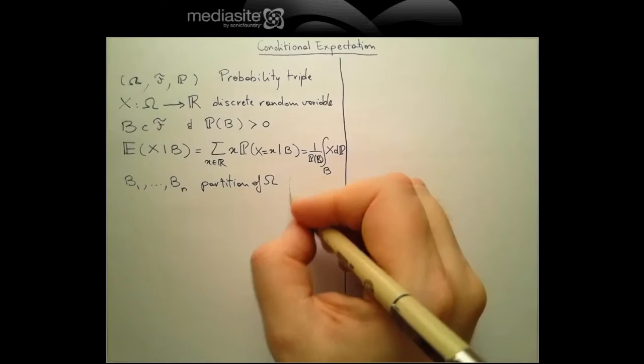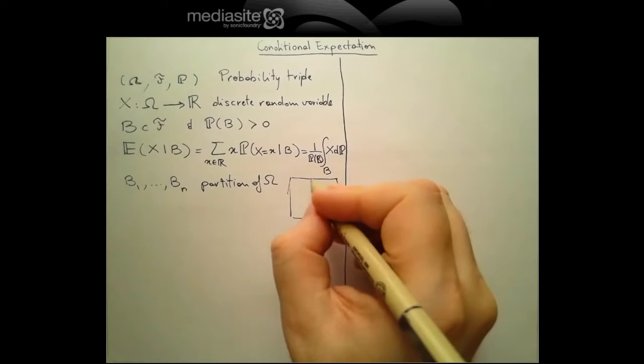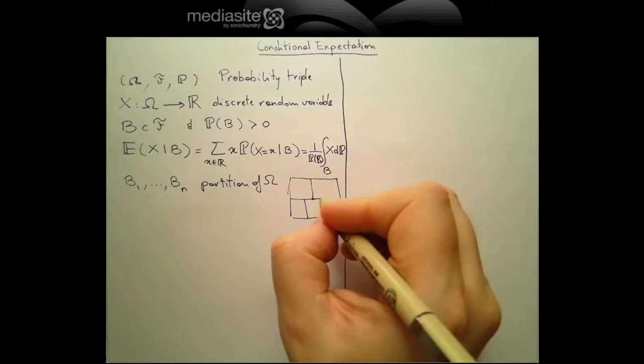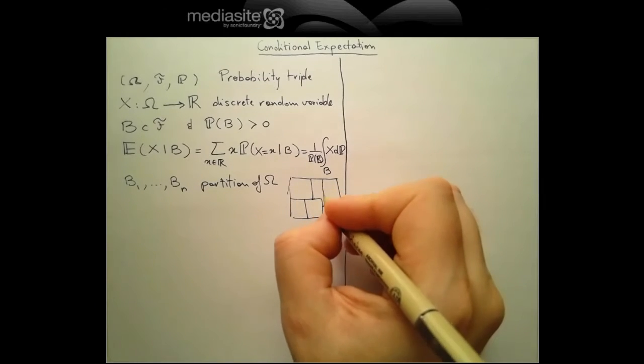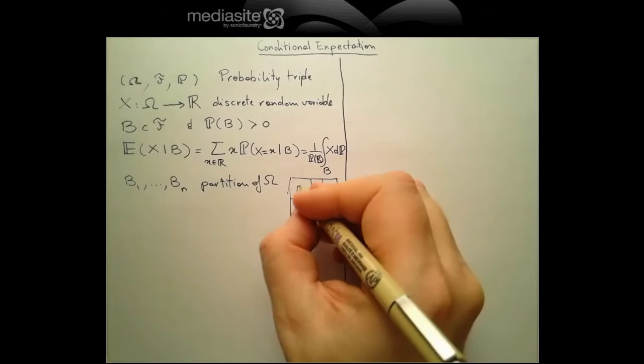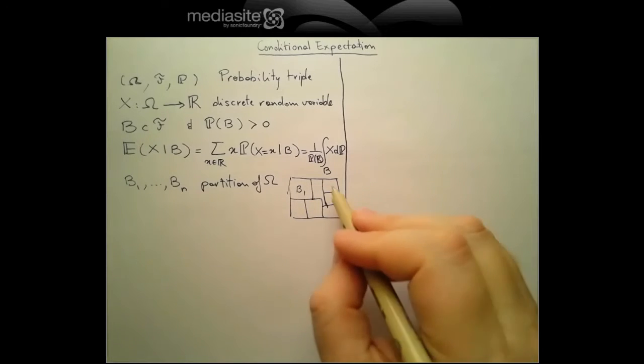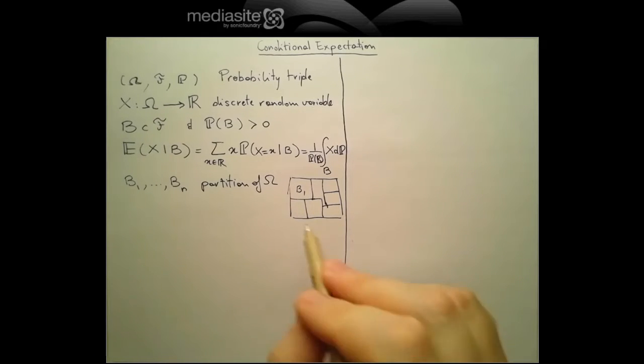In the back of your mind, you should think of a way of tiling omega up into pieces. Okay, so this is B1, etc. And you could think of these as states, and this being a geographical map.